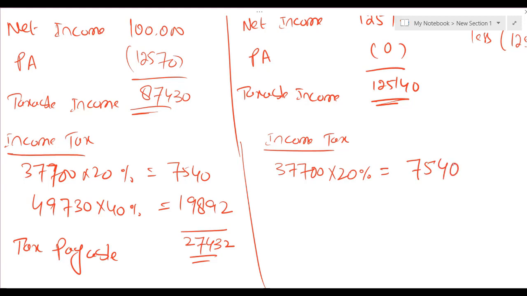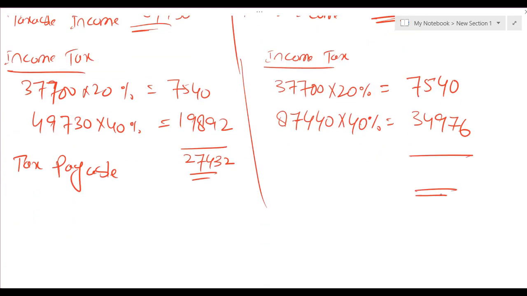Now let us deduct 37,700 from 1,25,140. 125,140 minus 37,700, so I'm getting 87,440 into 40%. It is 34,976. Let's check the income tax liability: 34,976 plus 7,540 is 42,516.